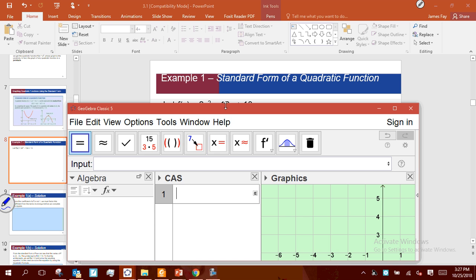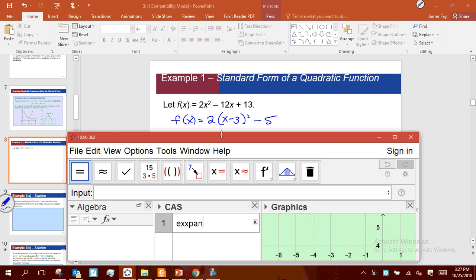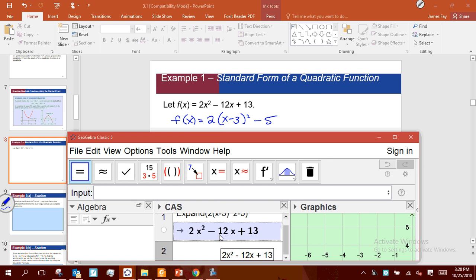If I just type in here, expand 2 times x minus 3 quantity squared minus 5, and you should be able to do this by hand, but this just might be a little bit quicker. If I hit expand, you can see it does indeed get me back to 2x squared minus 12x plus 13. So we know we've done things right.